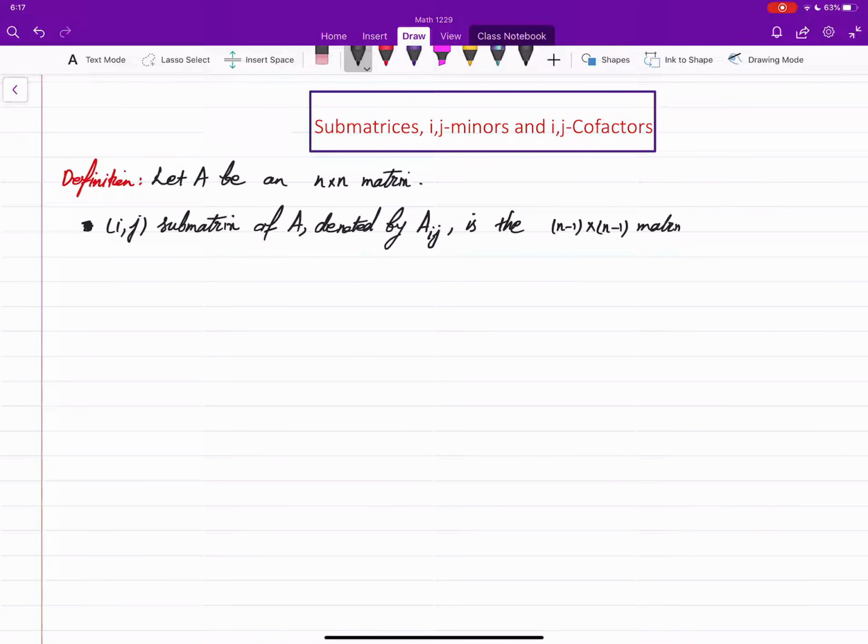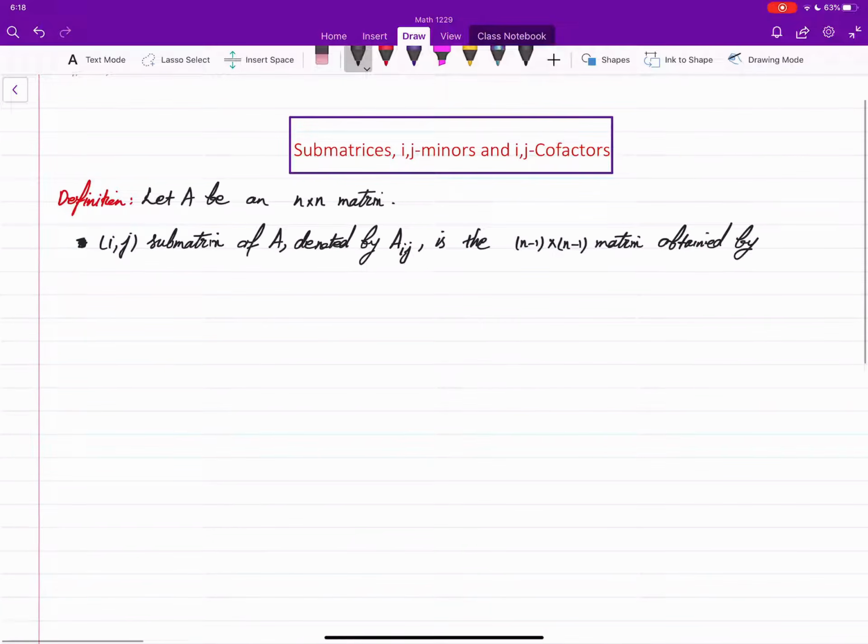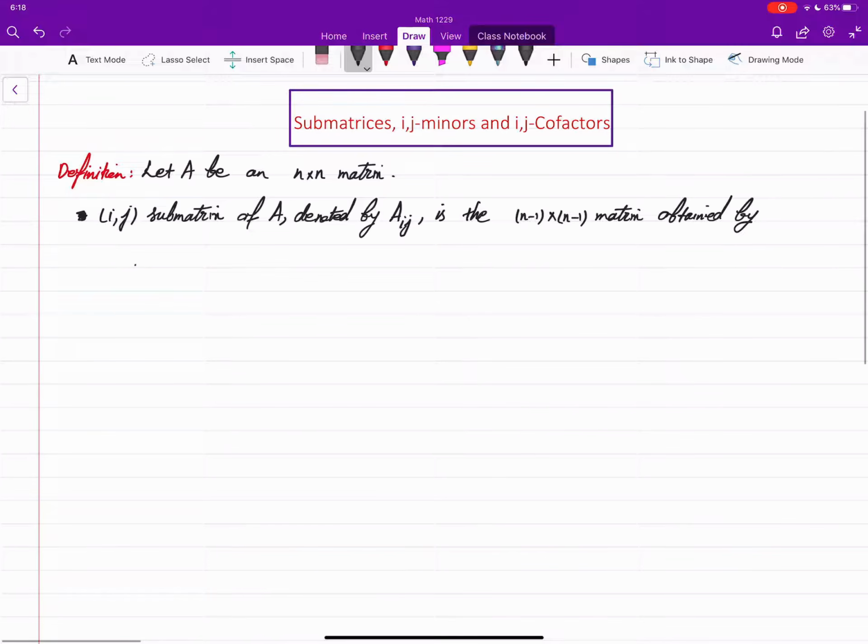So it's a matrix which has one less row and one less column than the matrix A, obtained by deleting the ith row and jth column of A. Remember, always the first index is row, the second one is column.